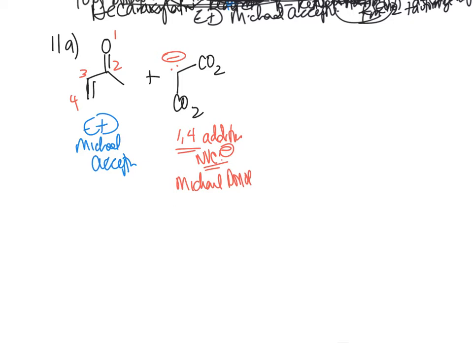And so you see that those electrons there go there. These electrons push up. These electrons push up. You do need to know this mechanism. And you've added to the 4. So here we have 1, 2, 3, 4. And this carbon's here. CO2, CO2.